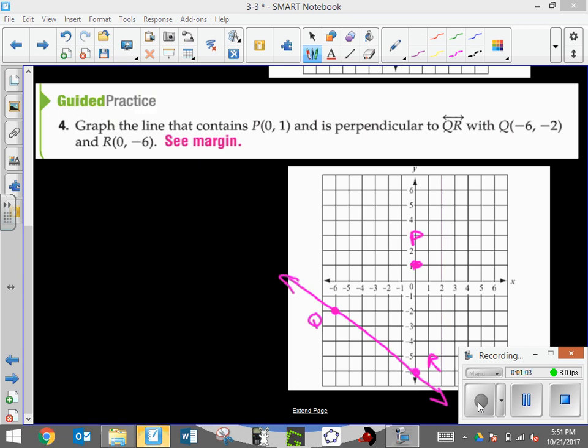Well, I know that perpendicular lines have opposite reciprocal slopes. So I want to find the slope of line QR. I'm going to put QR over here, and we're going to find the slope. So we're going to take -6 minus -2 over 0 minus -6.